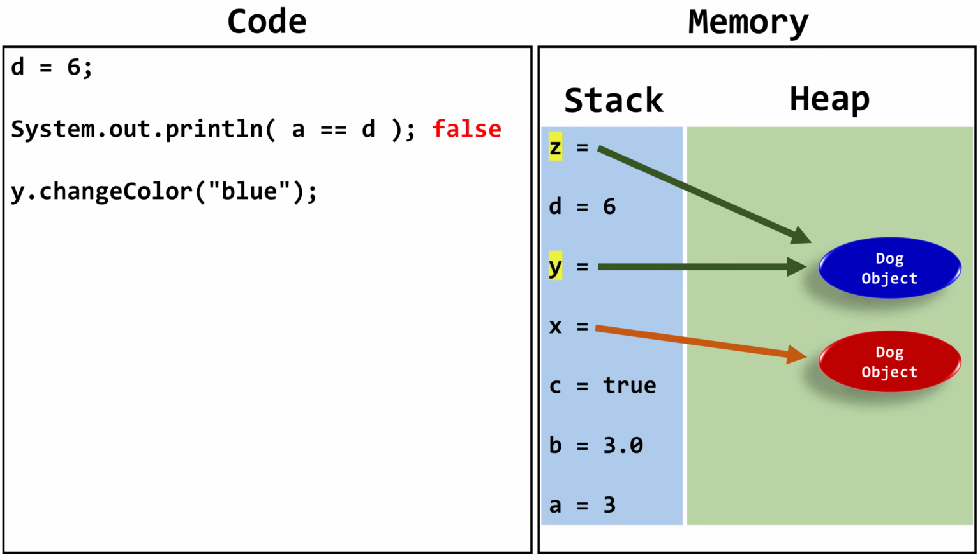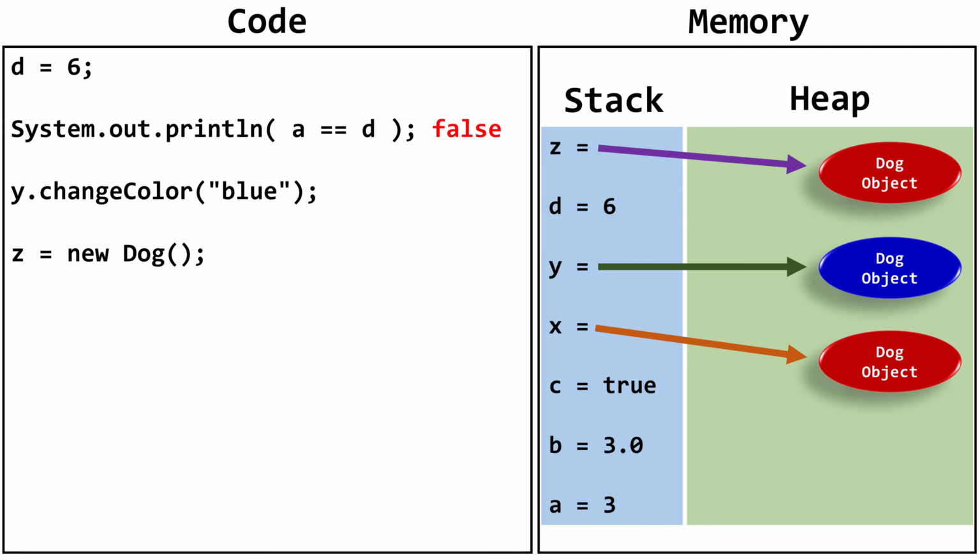The change affects both y and z because they are both pointing at the same object. For a different type of change, we can instruct the z variable to point at a different object. This doesn't affect y at all because y is still pointing at the original object. Whenever you are modifying object types, you need to consider, are you modifying the object itself? Or are you modifying where the variable is pointing?